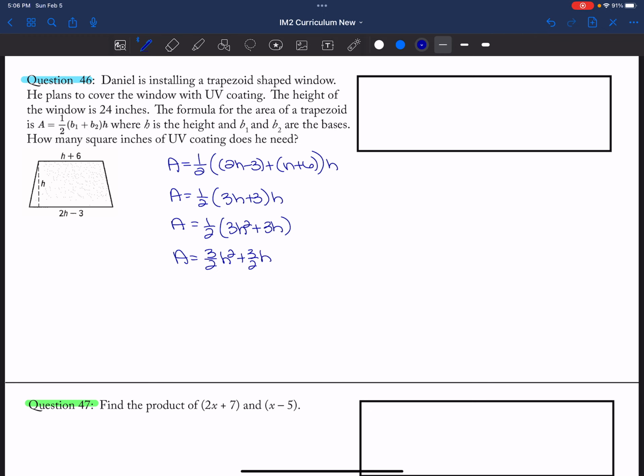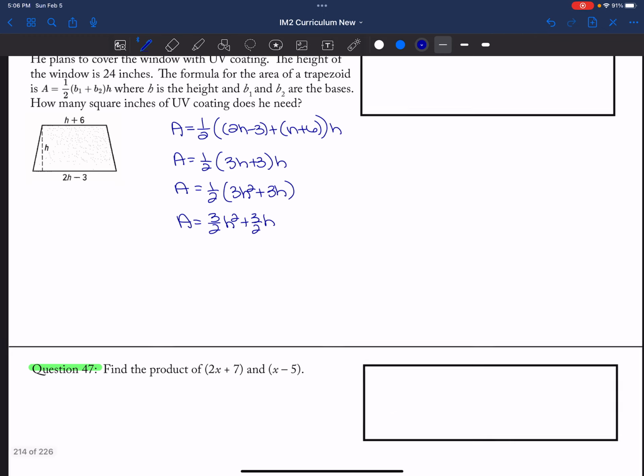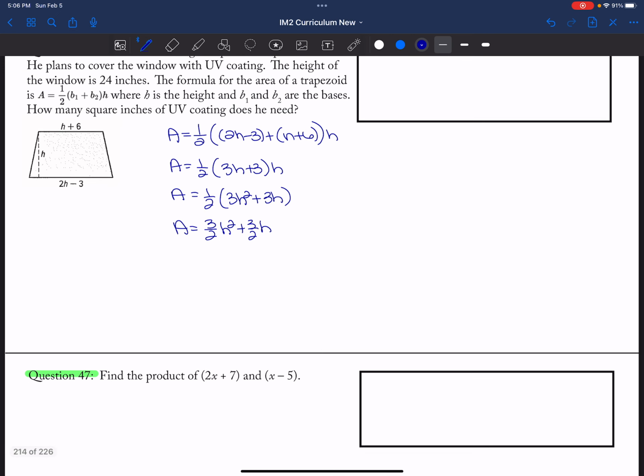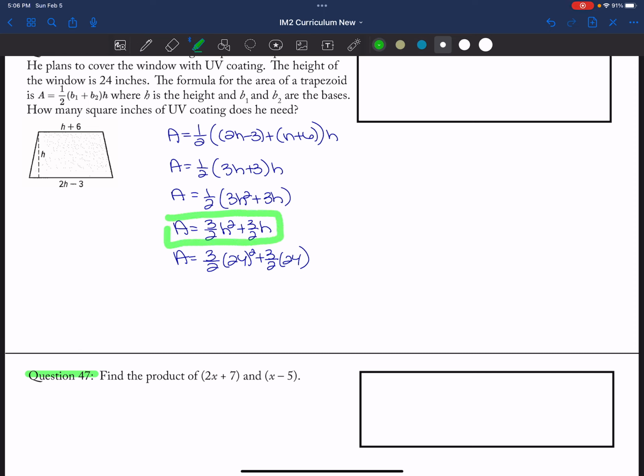And then you know that h, the height of the trapezoid, is 24. So area is equal to 3/2 times 24 squared plus 3/2 times 24. Here's the thing too: this would have been the factored version that they would have, I think that was the goal of the question.